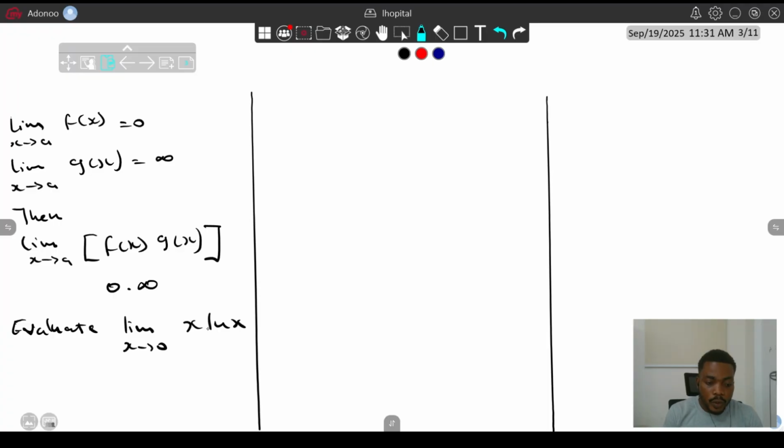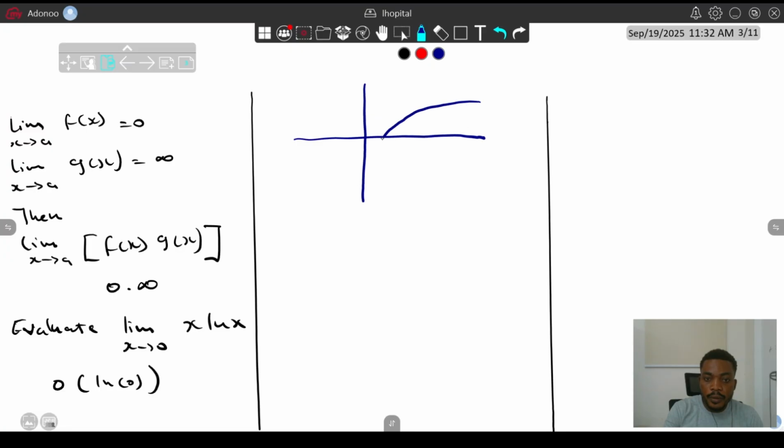So if we insert the limit point, we are going to have 0 times ln 0, right? And ln 0 is equal to negative infinity, because this is how the curve for the ln function looks like.